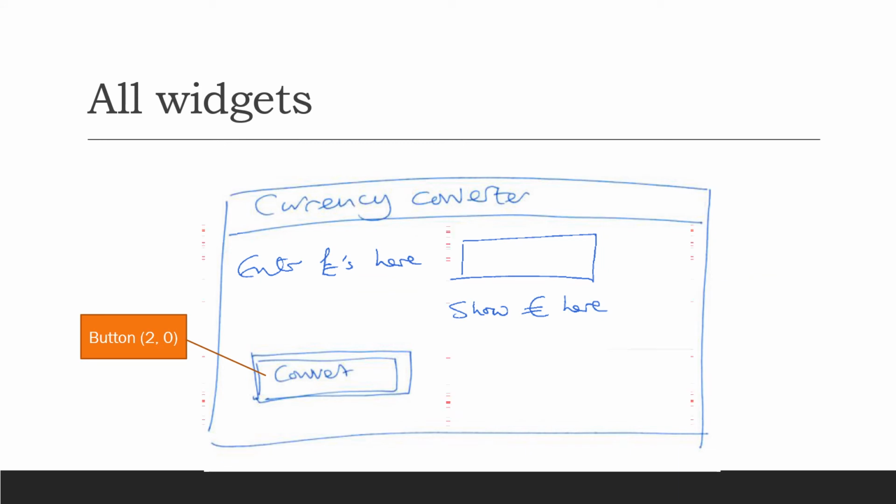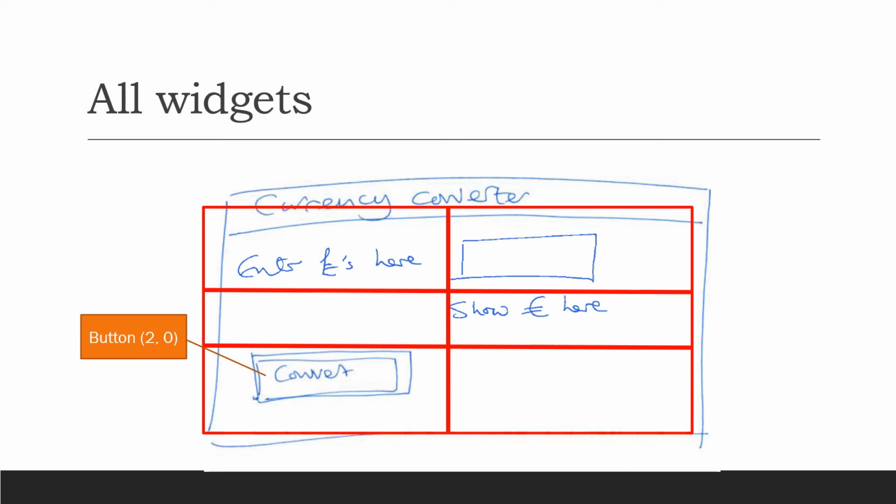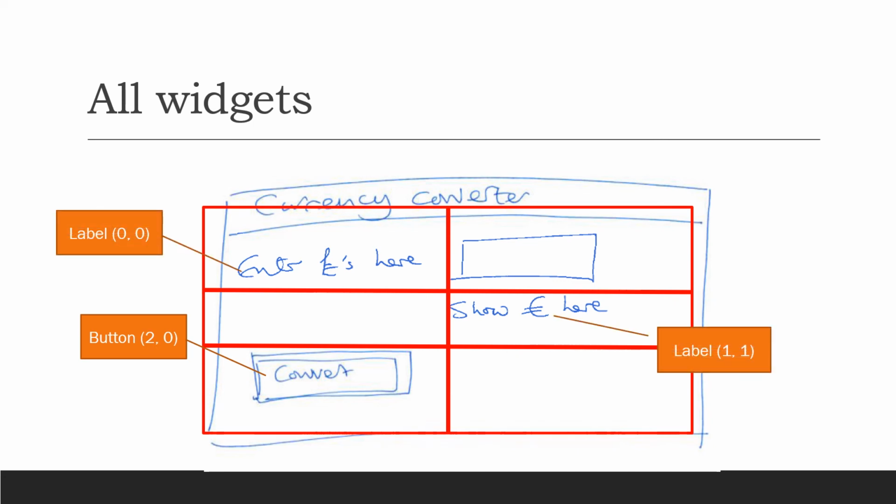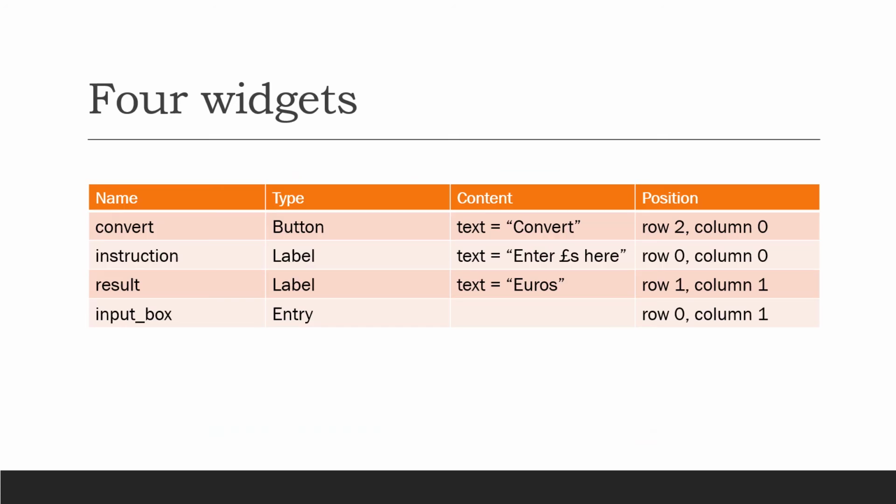So there's the button. There's my imaginary grid, and I'm going to put two labels in at 0, 0 and 1, 1, and I'm going to put a text box in at position 0, 1. So let me set out all the facts. I'm going to create 4 widgets, and here's my plan.